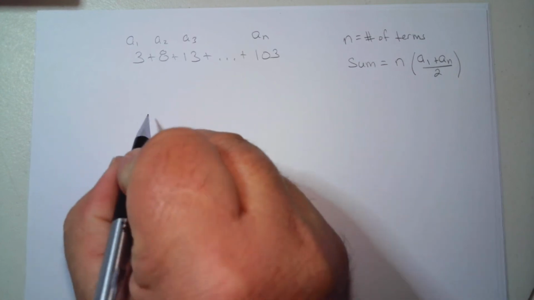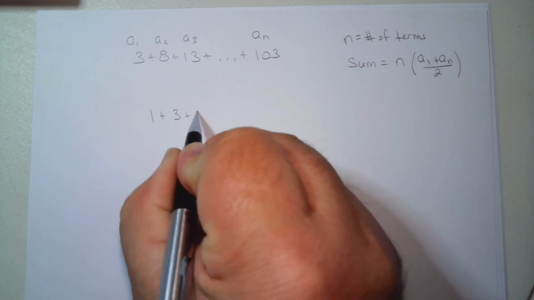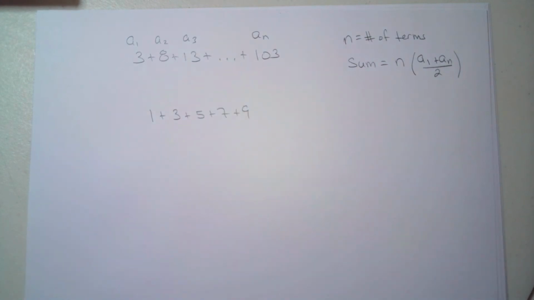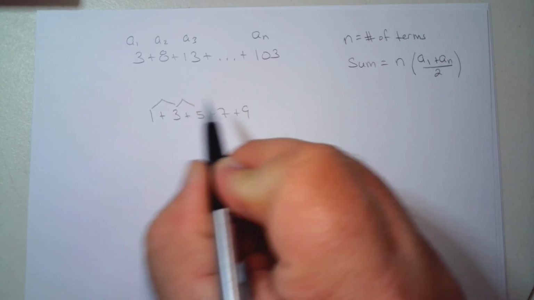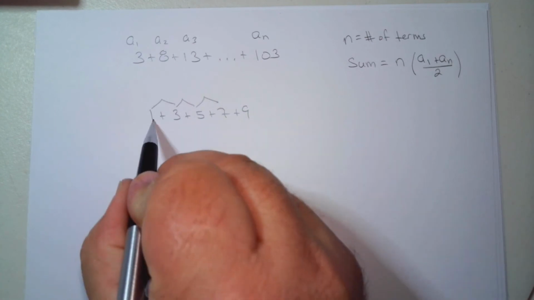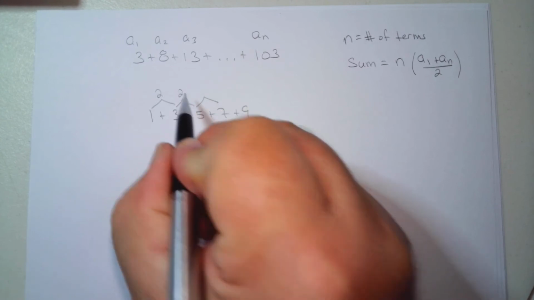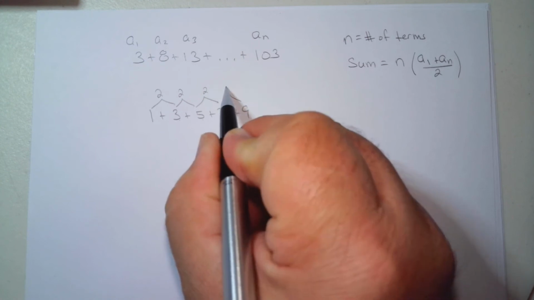Let's pretend our numbers were something easier. Say 1 plus 3 plus 5 plus 7 plus 9. We have to first come up with an equation. What we notice is that each of these numbers, from 1 to 3, that's 2. From 3 to 5, that's 2. From 5 to 7, that's 2. From 7 to 9, that's 2.